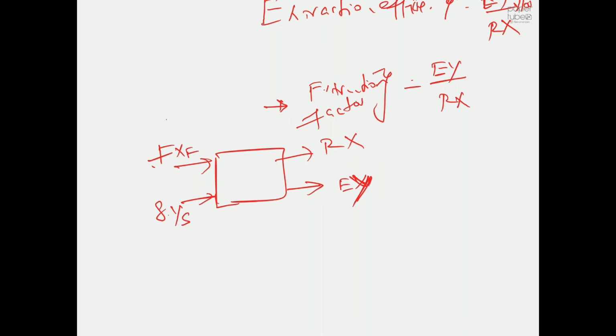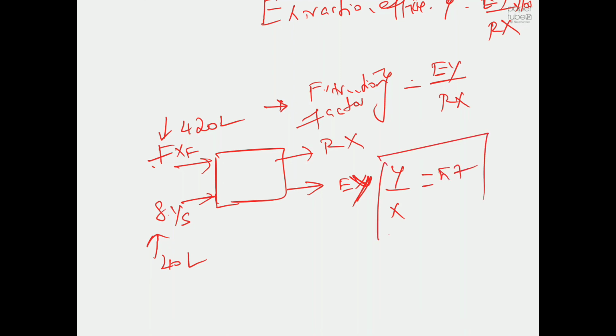What we have in the problem: F is 420 liters, the solvent is 40 liters, and the ratio Y by X is equal to 57. This is our distribution coefficient. So we need E and R to calculate the extraction factor.